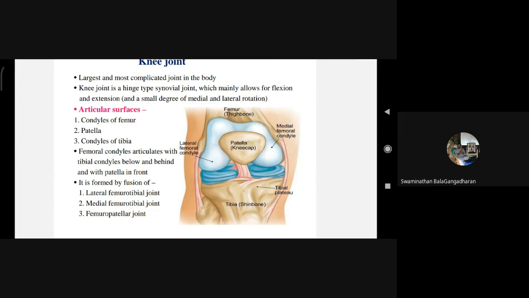Medial means towards the midline of the body. If we draw an imaginary line in our body which dissects it equally into left and right, front and back, at the very center of our body, from head to toe, then it is the midline of the body.